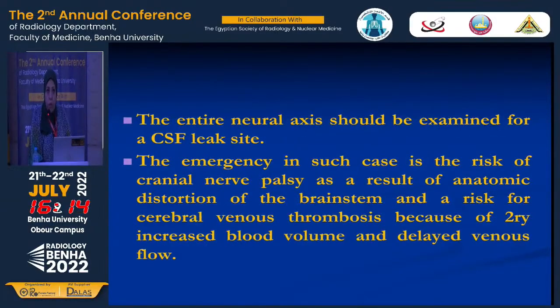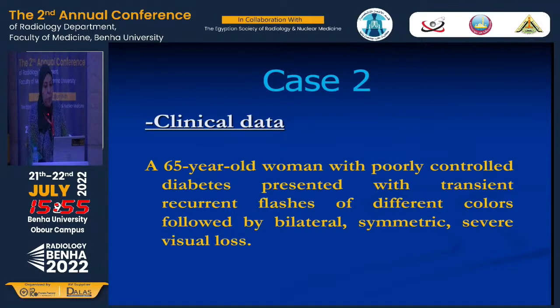The risk in this case is cranial nerve palsy subsequent to brainstem distortion and sagging, and there is a risk of venous sinus thrombosis. So you should recommend MRV to evaluate the venous sinuses.